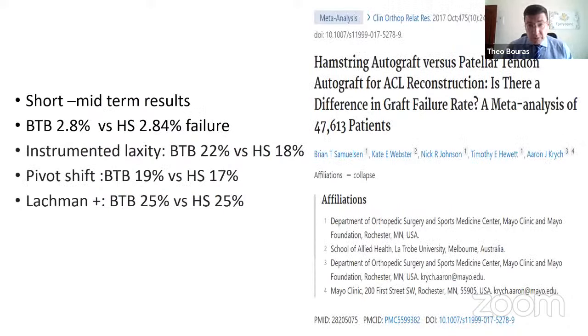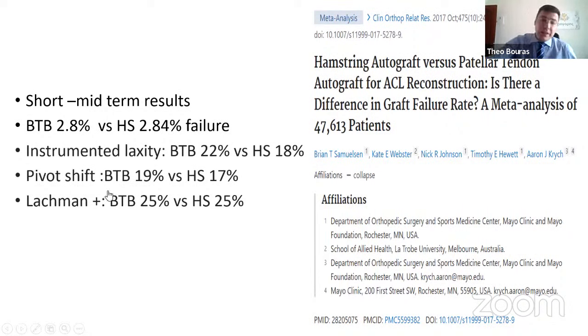For me, the most important part of this talk is the comparative literature, and here we go. A recent meta-analysis comparing hamstrings versus patellar tendon BTB, including over 47,000 patients, reporting short and mid-term results, found similar results.